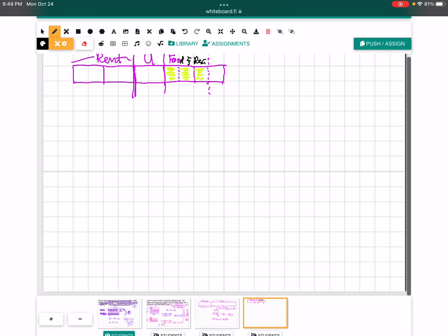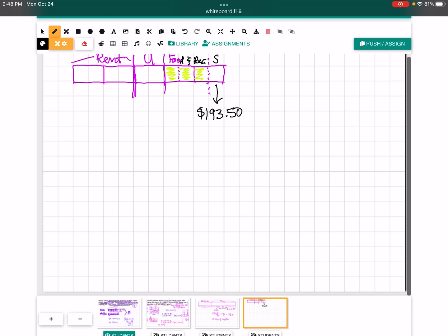And then this piece is what he saves, and we're going to put an S there, right? And so the amount he saves every month is $193.50.